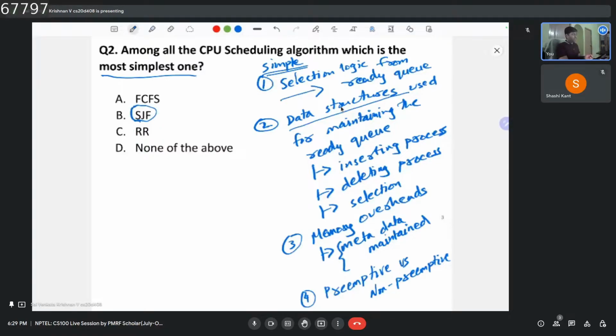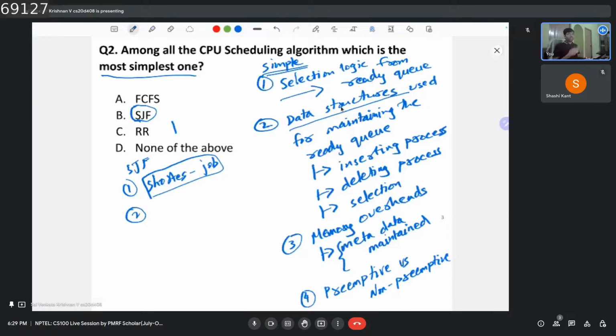For SJF, what's the selection logic? The shortest job should be selected from the ready queue. And what data structure is required?